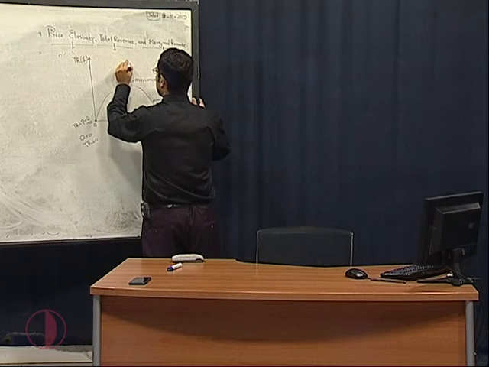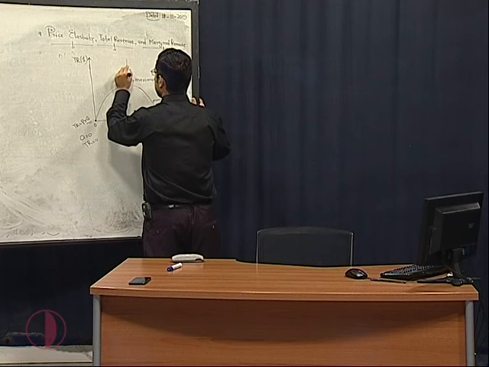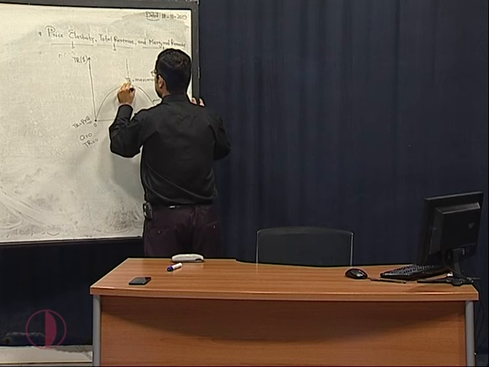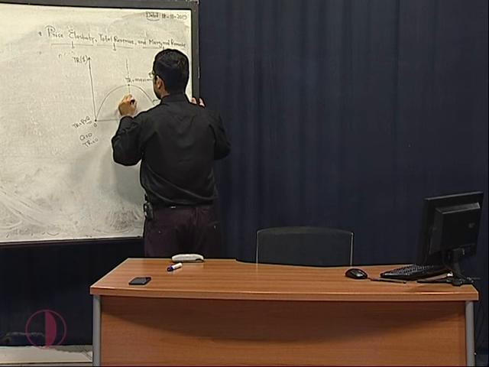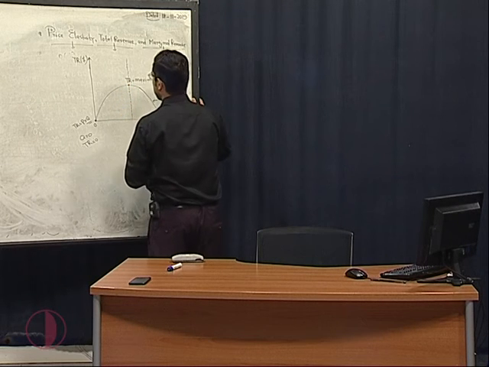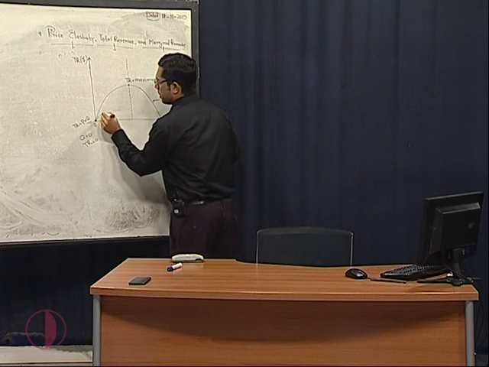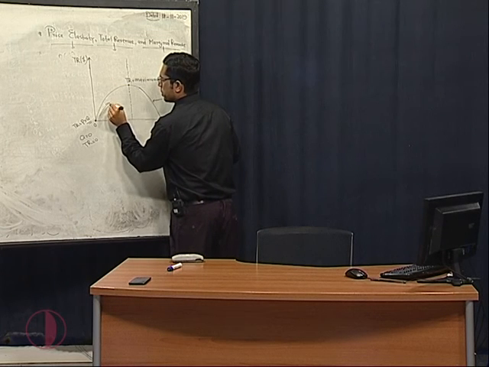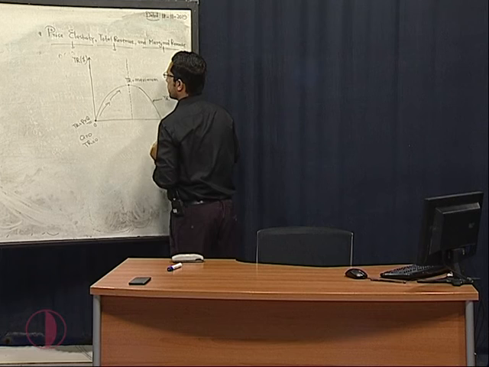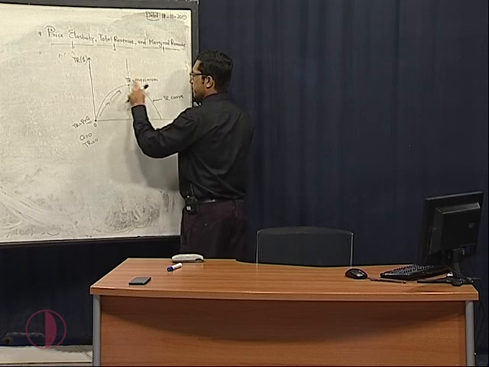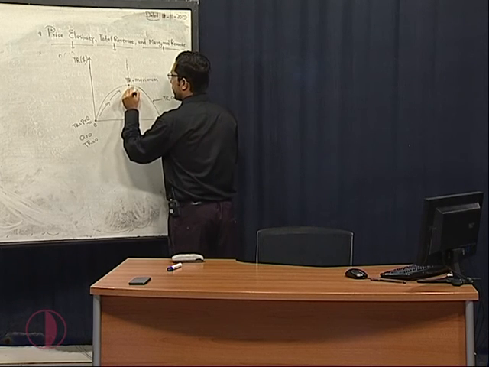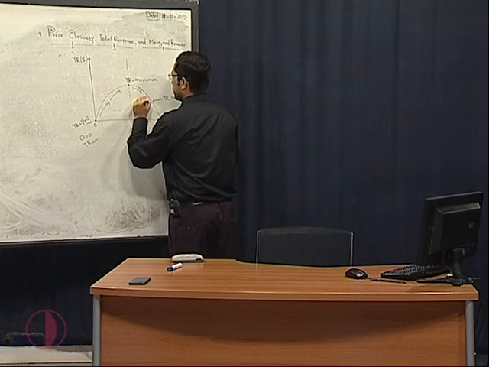Let me divide this graph into two pieces. In this area, total revenue is increasing. At this point total revenue is maximum. After this point total revenue is decreasing.